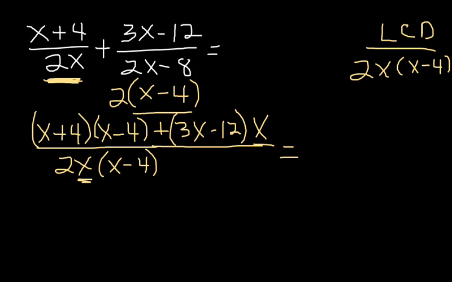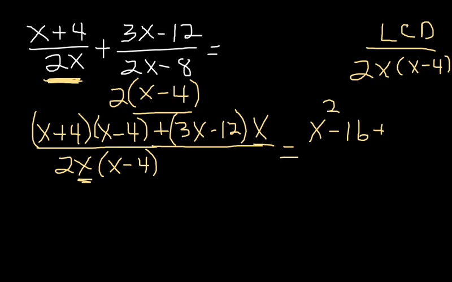I noticed that x plus 4 times x minus 4, that's simply factors of the difference of squares, x squared minus 16. If you didn't recognize that or didn't know that, you could always just multiply those out by using the distributive property. X times x, x times negative 4, and then 4x and 4 times negative 4. Then the middle 4x's would cancel. Then the second term here, I'm going to distribute my x.